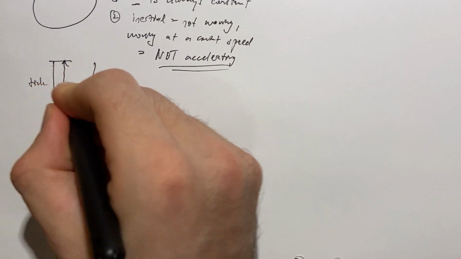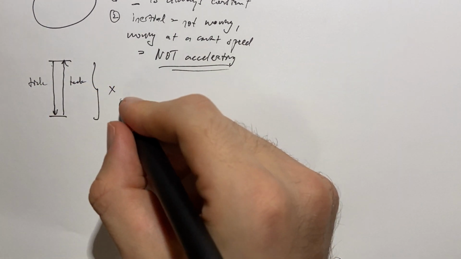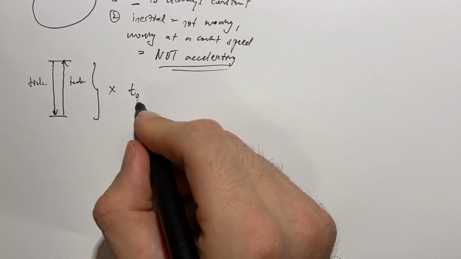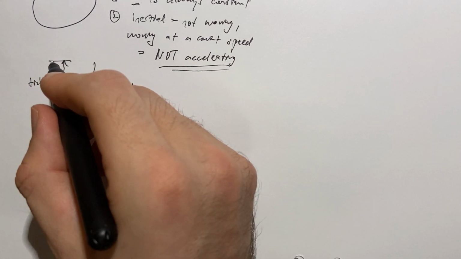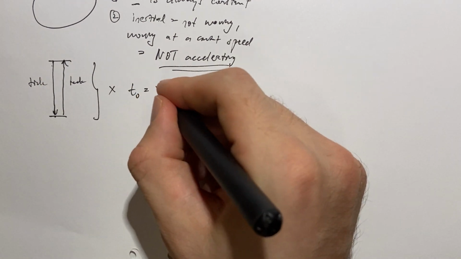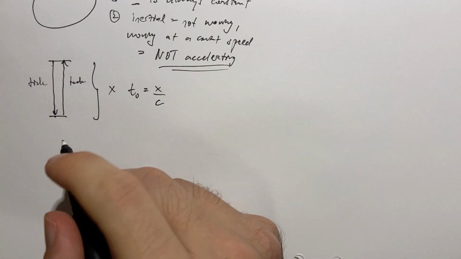So this is a tick and this is a tock. As you can see, the time, we can write it as t naught, for the photon to travel from this mirror to this mirror will of course be x divided by the speed of light, which is c. Okay, so far so good.